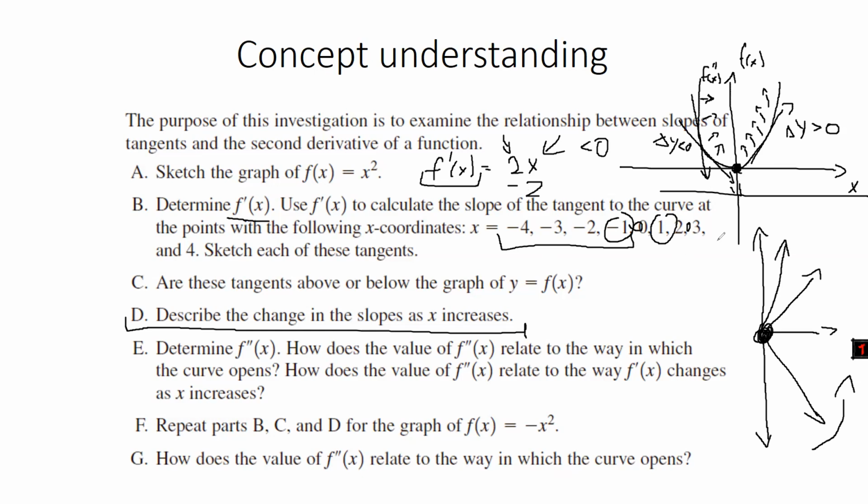Thus, the slope of a tangent line is increasing over the whole domain of the function, because we are going from the most negative to the most positive value. What we can observe in the function x squared is that over the whole domain, its rate of change is increasing. Does it make sense? Yeah, that makes sense.